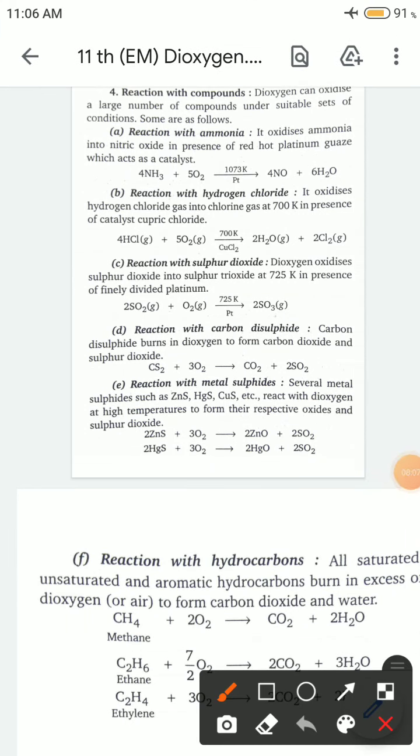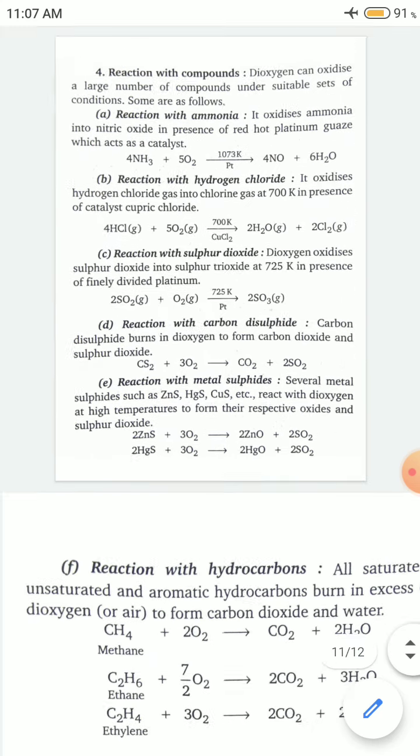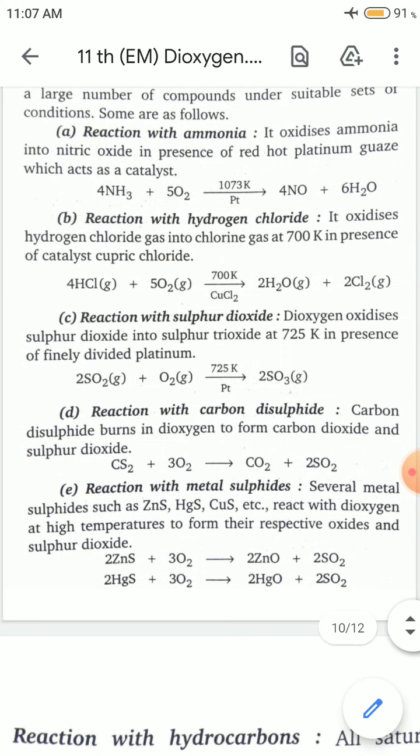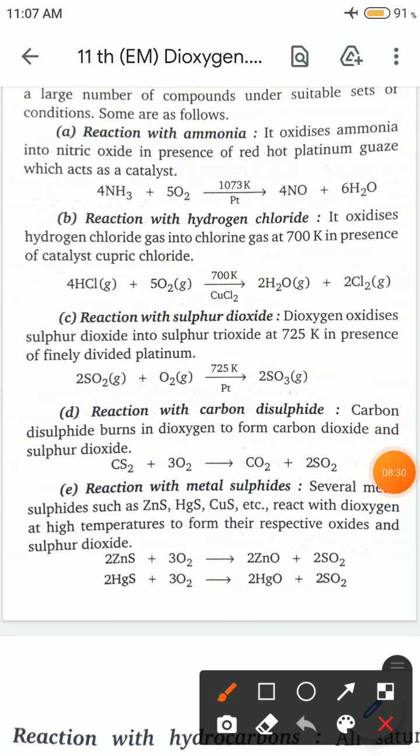Reaction with compounds. It reacts with ammonia to form nitric oxide in the presence of platinum, which acts as a catalyst: 4NH3 plus 5O2 gives 4NO.